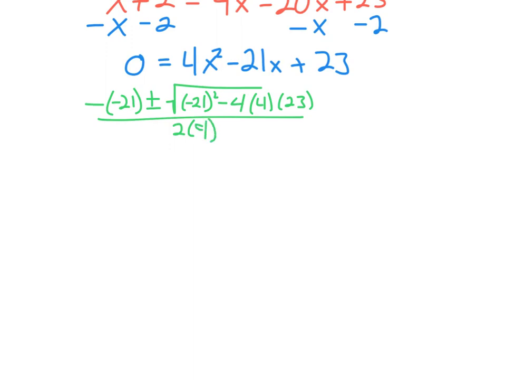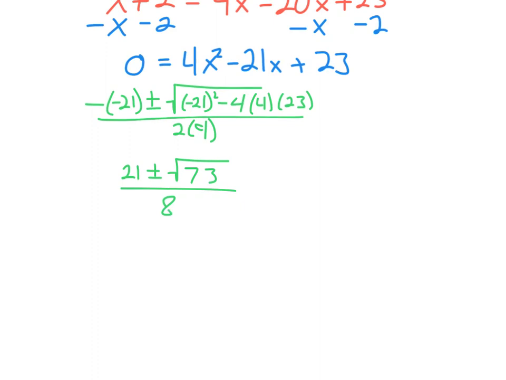That's a horrible one. I'll go through just like we have done in the past. Positive 21 plus or minus the square root of 21 squared minus 4 times 4 times 23 gave me the square root of 73 over 8.